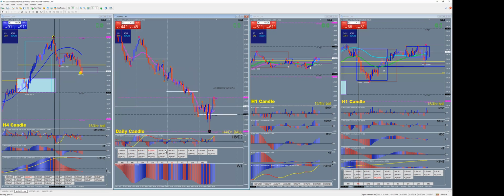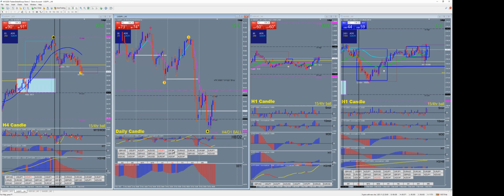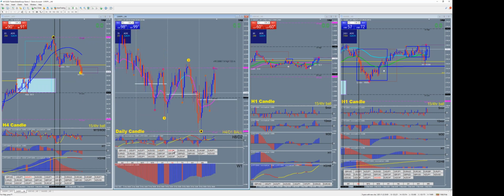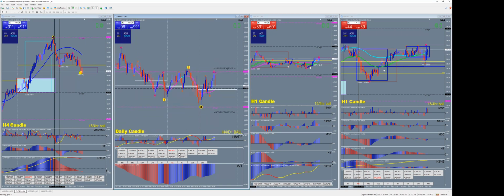Aussie dollar, same. It's in retracement on a 4-hour. H8 is aligned, so we're looking for shorts unless the 15-minute says otherwise. CAD yen, like all the yen pairs, is in retracement to go short.